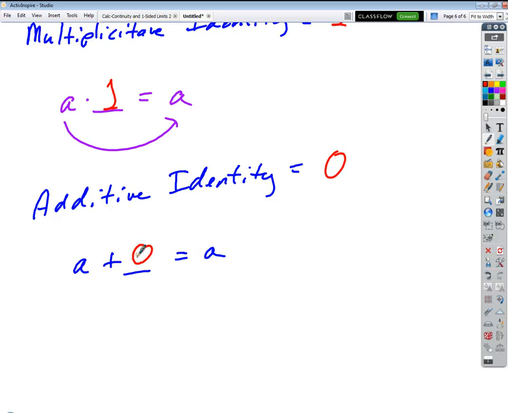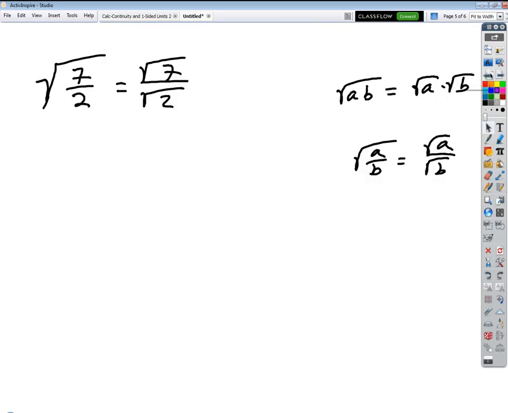Okay, why is that important? It's important because in situations like this, am I trying to change the value of my answer? When I'm all done, if I put the answer in my calculator, don't I still need to get back that same decimal? So all I can do is add 0 or multiply by 1. Multiplying by 1 is almost always what we end up doing.